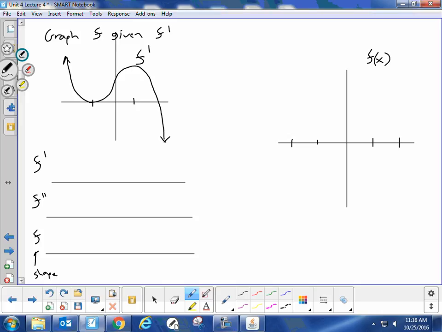Compare your graph with a neighbor's graph. Good. See if you got the correct shape of F. Careful.